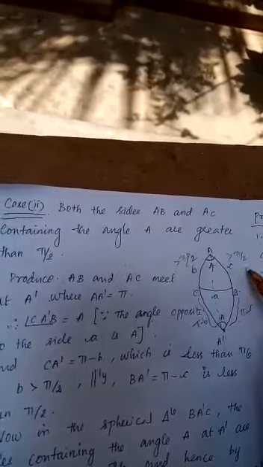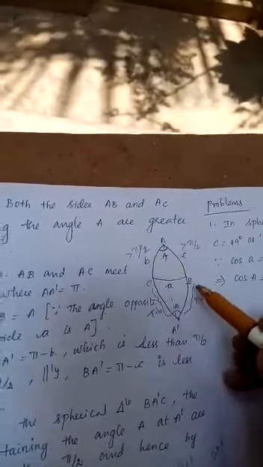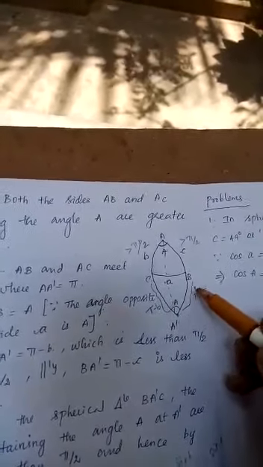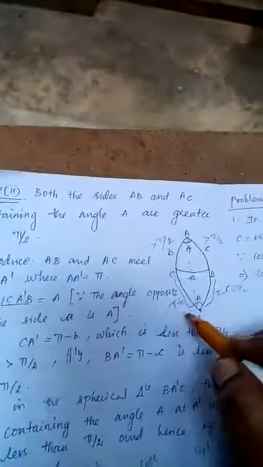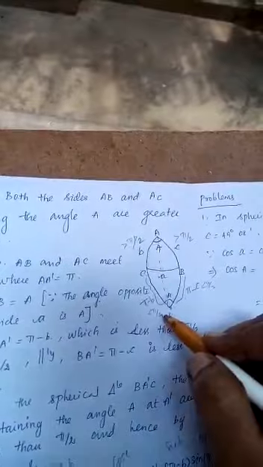This side is greater than pi by 2, and again this side is greater than pi by 2. So obviously pi minus b is less than pi by 2 and pi minus c is less than pi by 2.